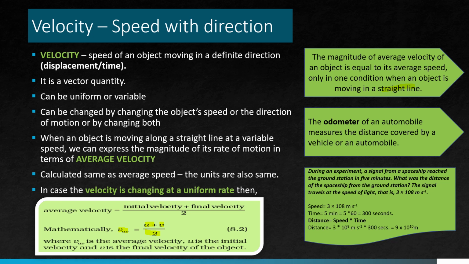We need to find the distance. If speed is equal to distance by time, then quite obviously distance is speed into time. So we'll multiply speed with time and we'll get the distance in meters. Always remember, whatever unit is given in the question paper, unless mentioned otherwise, you should find the answer in the required unit only.